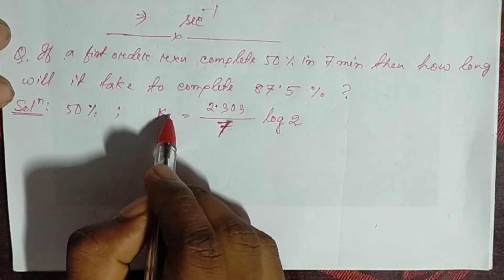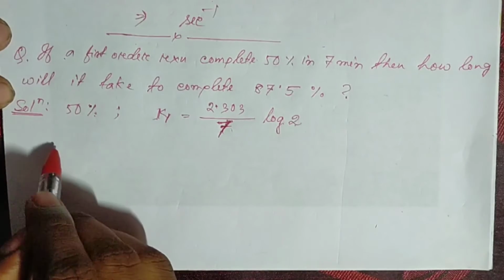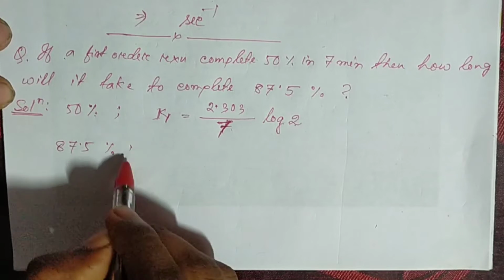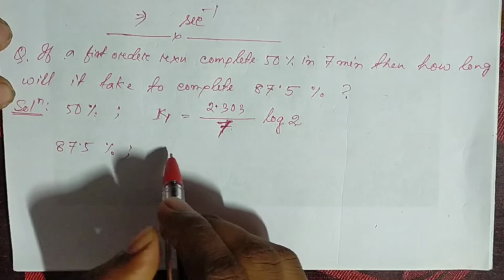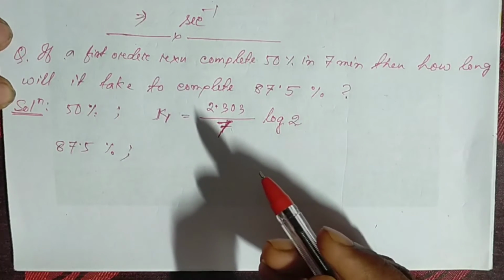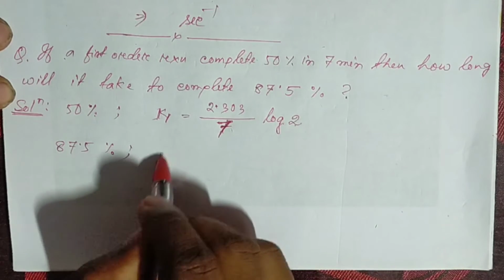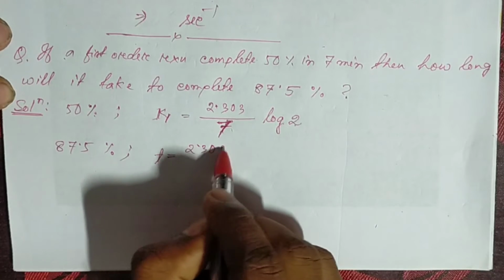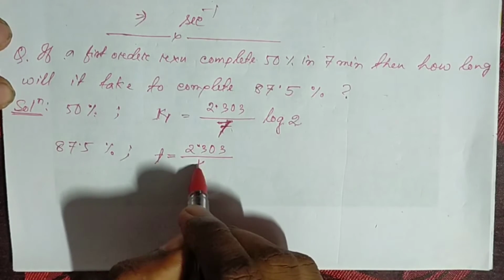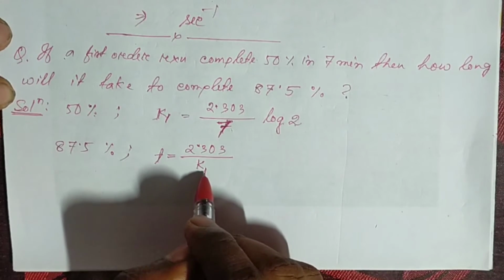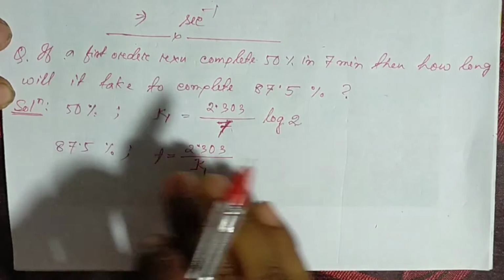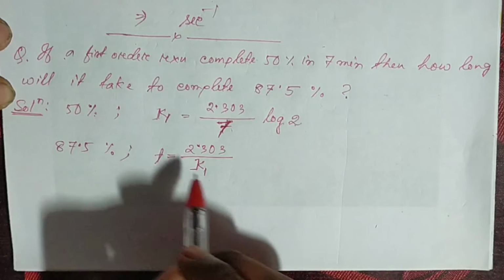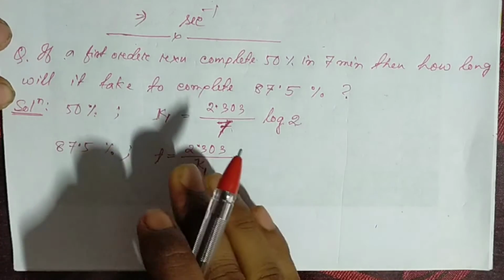In this case we are going to evaluate the time, so we write t here and k here. This k rate constant is the same all over the reaction, so in the case of 87.5% also, k is the same.